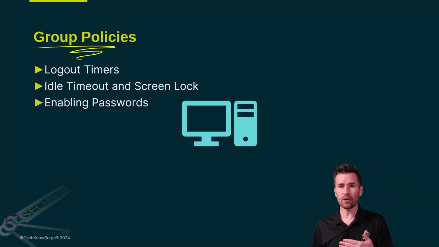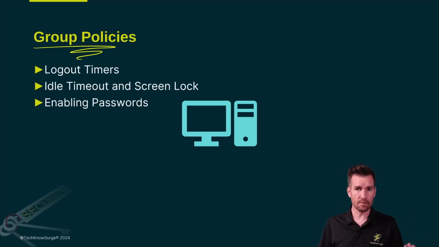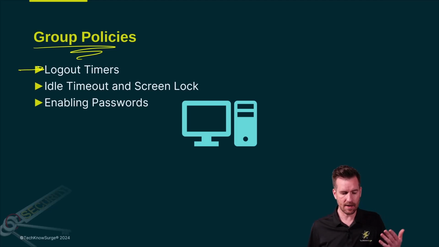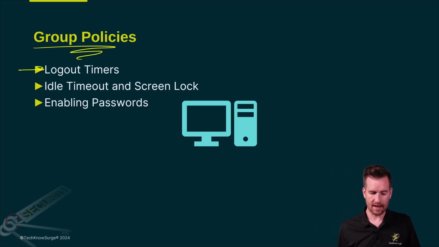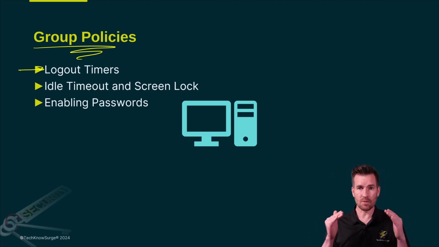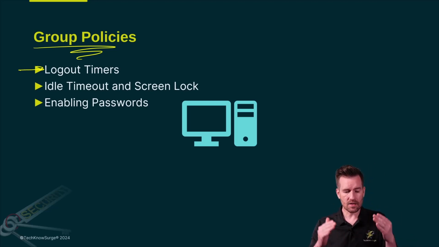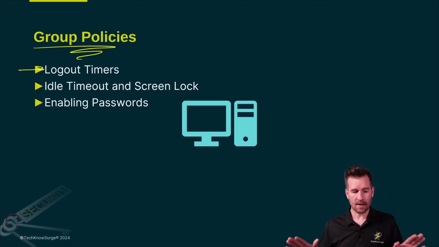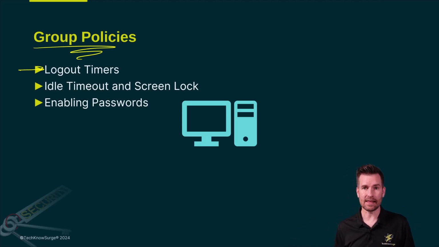You can roll out group policies for your machines, and it applies to all your machines. So some of those things that you may want to consider rolling out are things like logout timers or idle timeout and screen locks or enforcing certain passwords. And so making sure that things are enabled and working on the machine in a secure manner, you need to do that company-wide. Group policy allows you to do that.